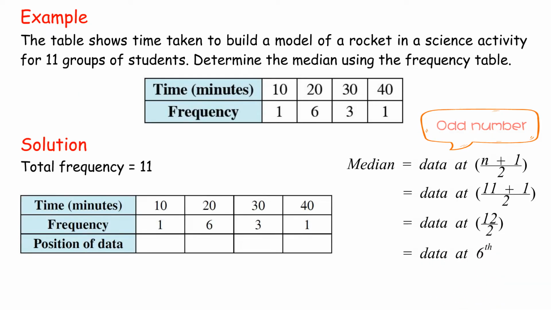The position of data for 10 minutes is 1, for 20 minutes is 2 to 7, for 30 minutes is 8 to 10, and for 40 minutes is 11. The sixth data is between positions 2 to 7, therefore the median is 20.